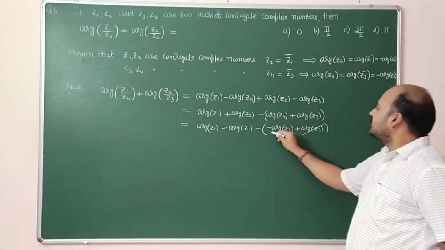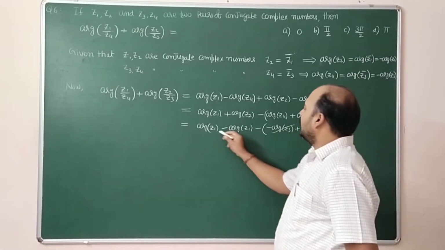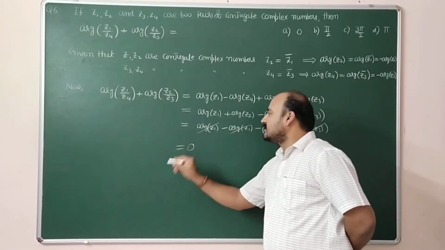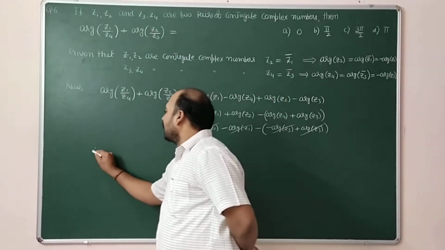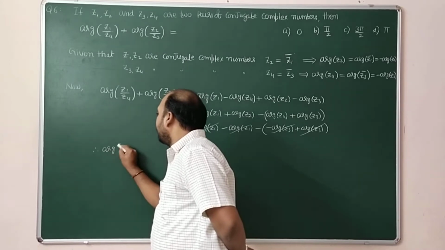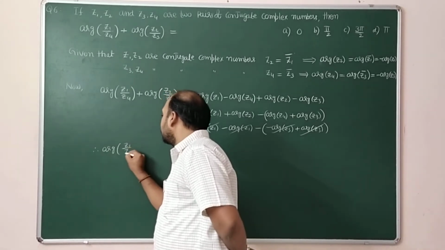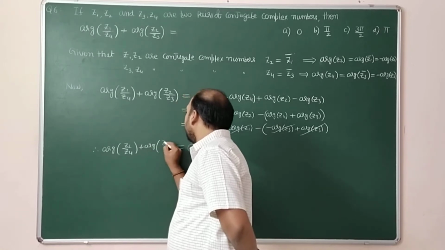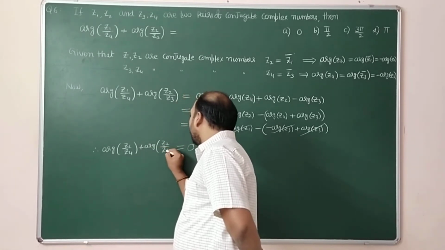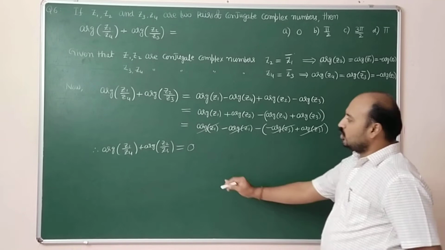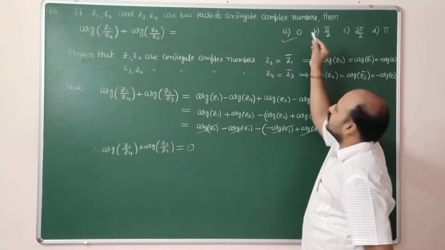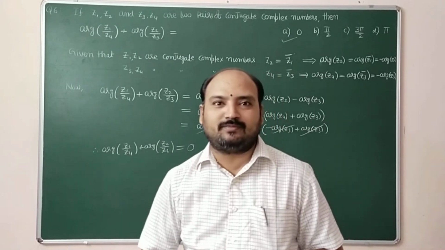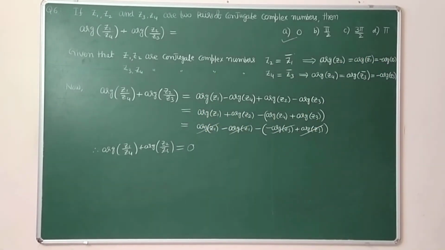So plus argument of Z3 minus argument of Z3 plus argument of Z1 minus argument of Z1. Ultimately we got 0. Therefore, argument of Z1 by Z4 plus argument of Z2 by Z3 is equal to 0. So 0 is there in the first option. We will move to the next question now.